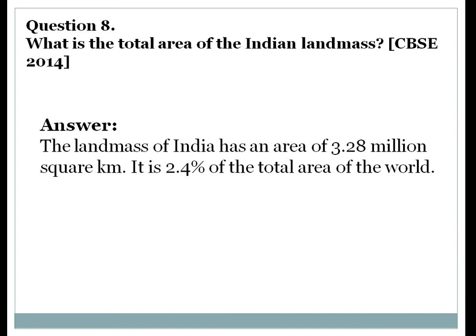The answer can be written in this form: the landmass of India has an area of 3.28 million square kilometer. It is 2.4% of the total area of the world. The reason I place the 2.4% here is because children, if the percentage is not asked, only write that it is 2.4% of the total world. If you are writing this, first you have to mention 3.28 million square kilometer.